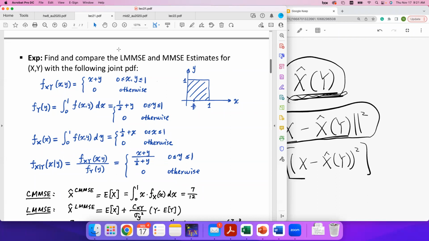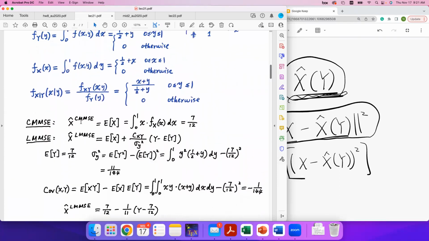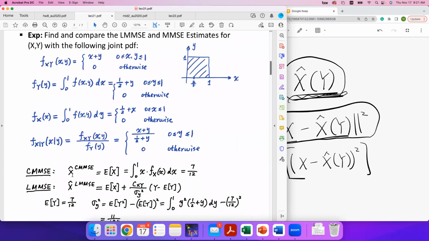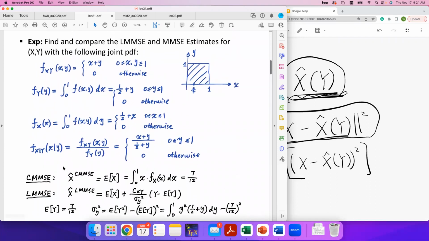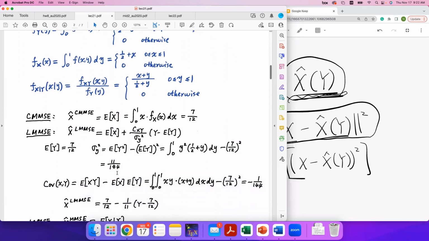To calculate these estimates, here I list all the estimates. Basically, you just need to follow the formulas and calculate the statistics. The constant MMSE is given as the expectation of X. Given this joint PDF, you can do marginalization and calculate the mean of X, right? For the linear MMSE, you need to calculate the mean of X, mean of Y, covariance, and variance of Y. Once you have those, you can just plug them in and get the estimator.